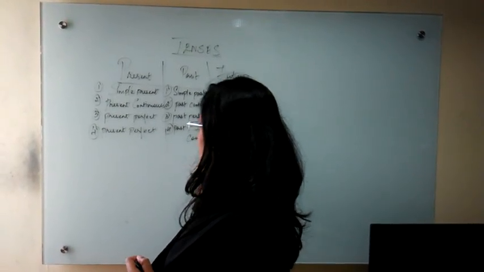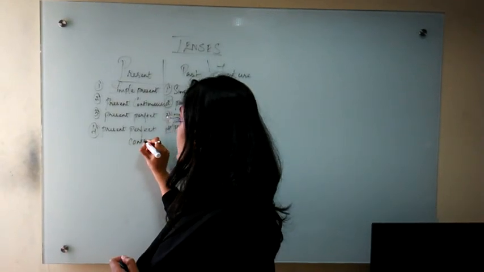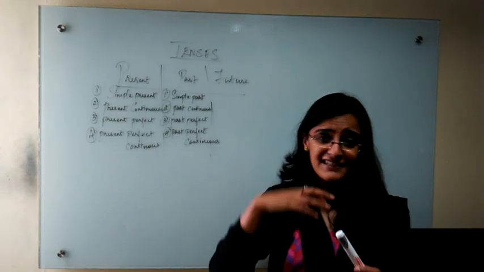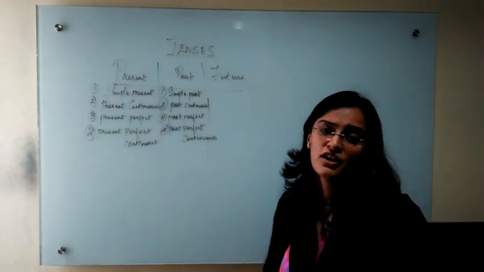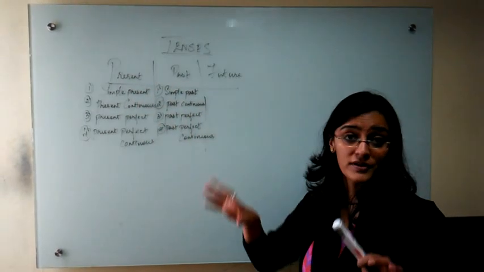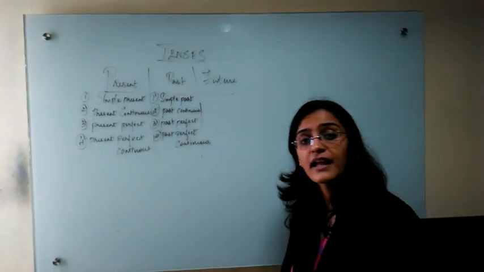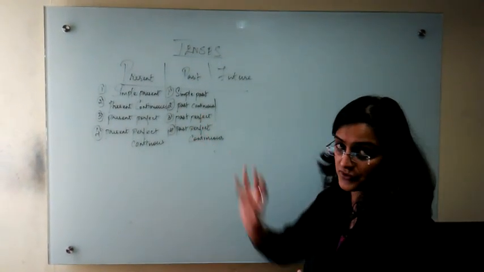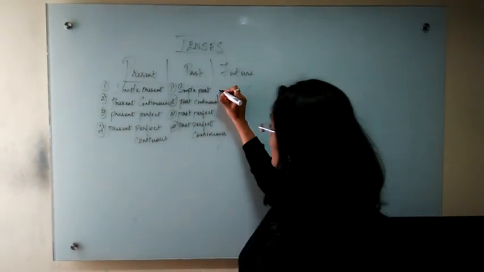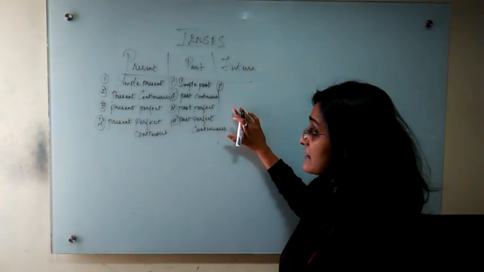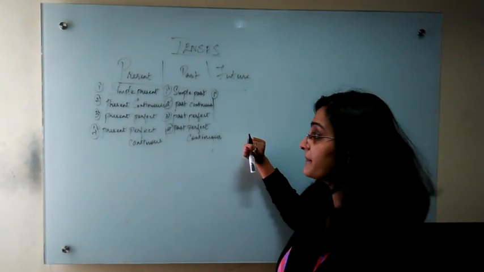These look very simple, but when we learn grammar or speak in English, we shouldn't learn all these grammar points by heart. We have to put them into practice by knowing the rules and structures. So make sure you practice every day for 15 to 20 minutes, depending on the time you get.